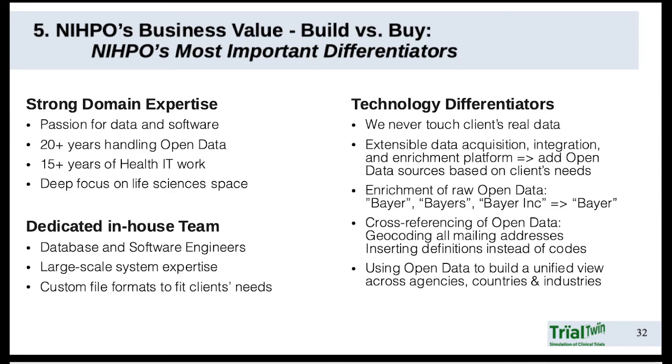We also enrich open data. For example, when we take real-world data from the FDA, we harmonize all the names and cross-reference open data. So we use open data to build a unified view across agencies, and then we use that data to build this synthetic health data.